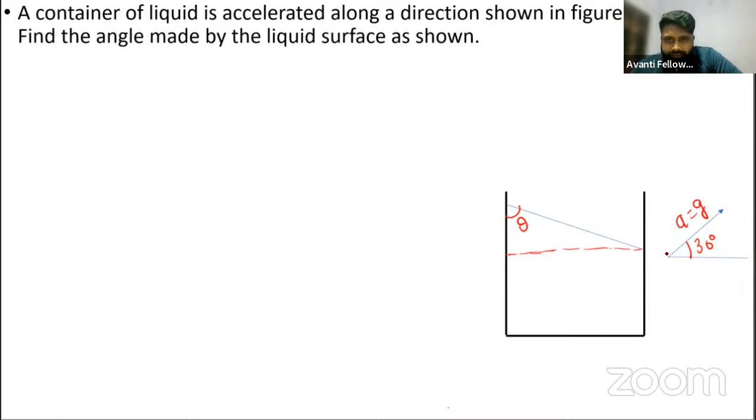So the acceleration is given in this direction, the line. Find the angle made by the liquid surface as shown. So this angle you have to calculate, or you can also try to calculate this angle, theta. So try to calculate it. I am giving you 2 minutes to solve this question.